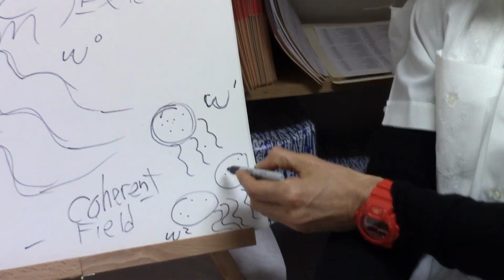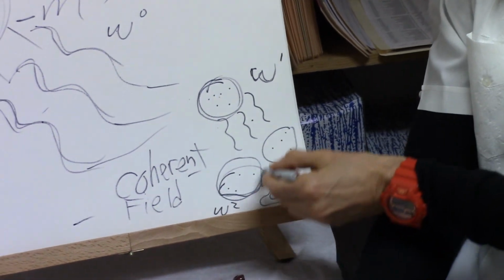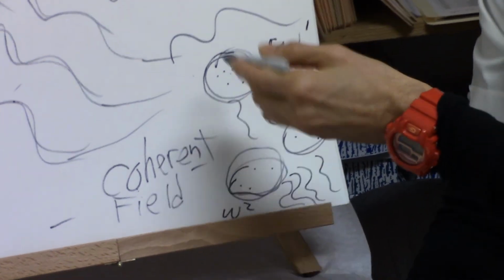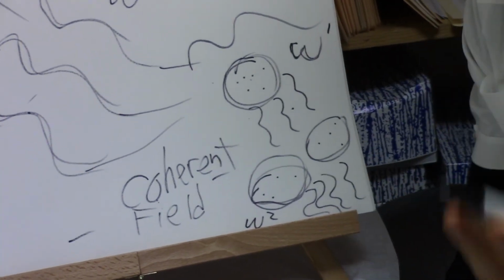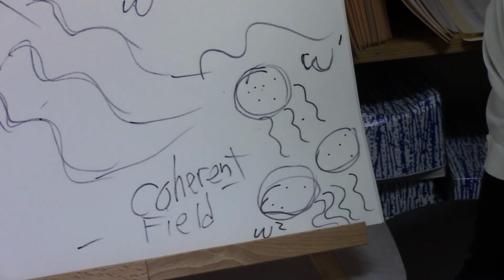Now, this waveform right here starts to affect neighboring cells in the community of cells. Mind you, this section right here could be any part of the body. It could be lung tissue, it could be liver tissue, it could be muscle, it could be joint.